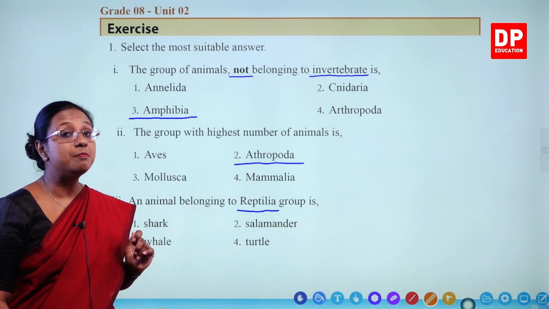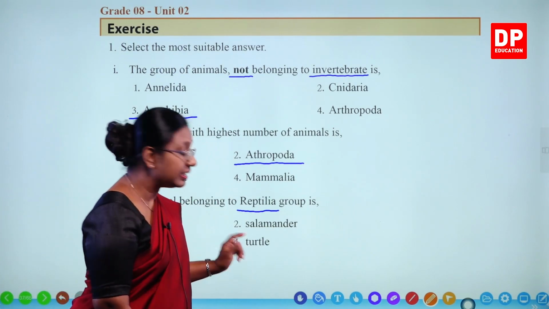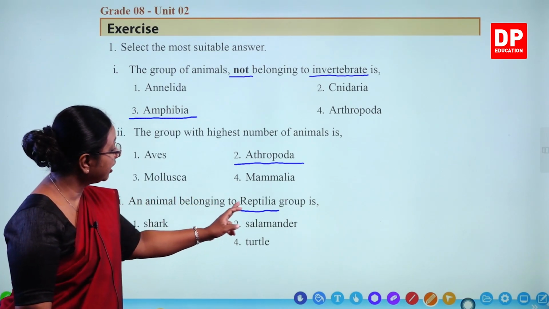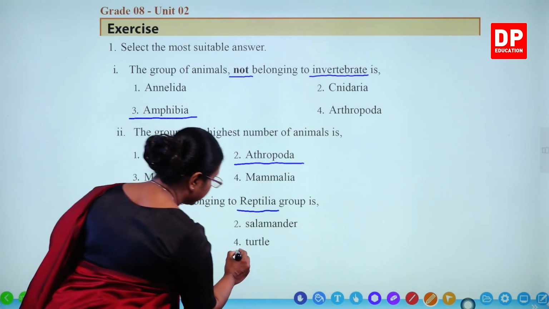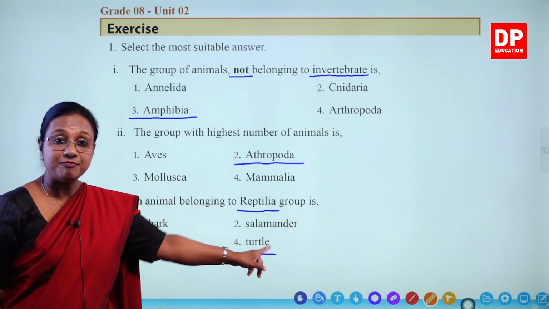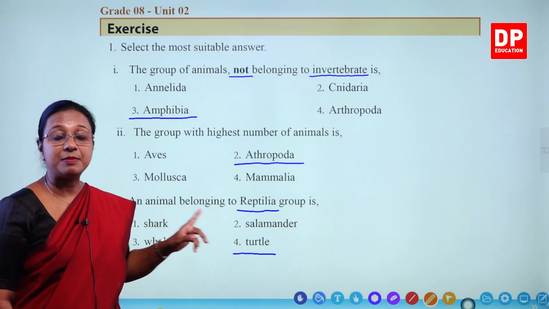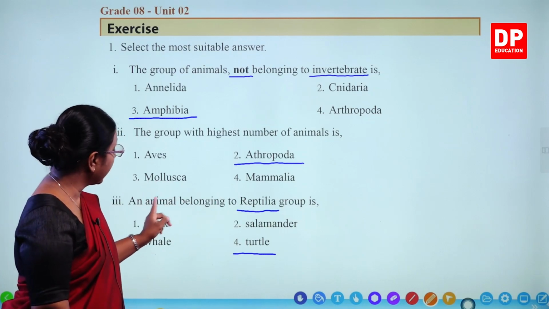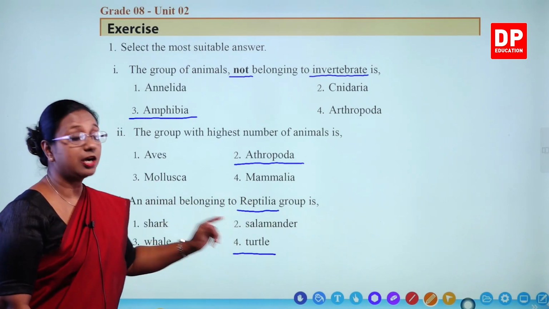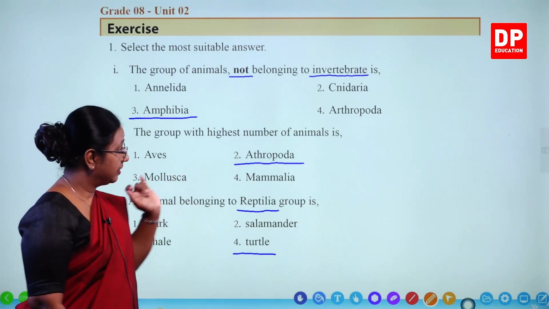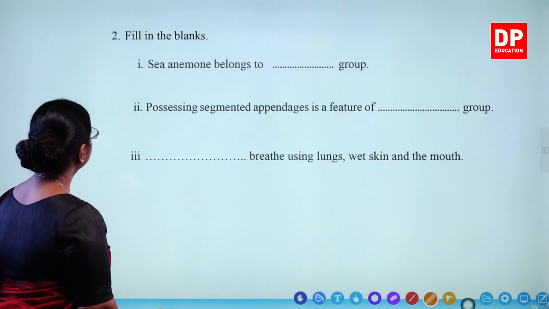Whale is a mammal. And turtle is a reptile. So, an animal belonging to Reptilia group is turtle. Shark is a fish, salamander is an amphibian, whale is a mammal and turtle is a reptile. So, an animal belonging to Reptilia group is turtle. Is that okay? Then I will move on to the next slide.